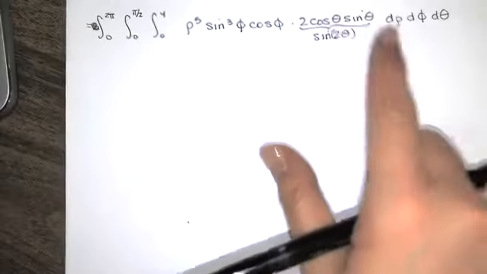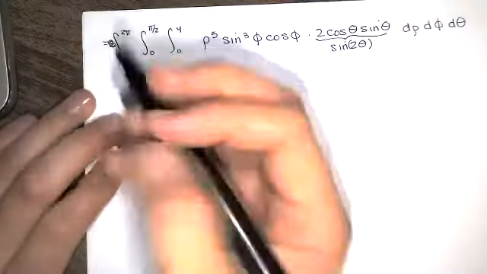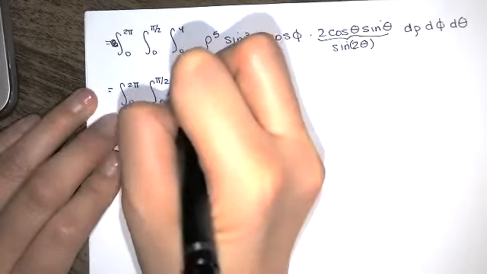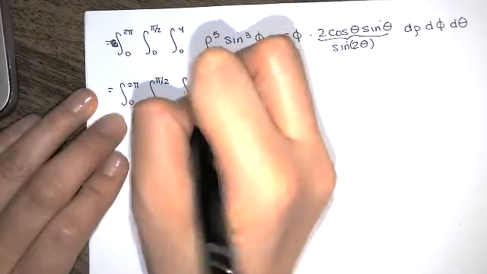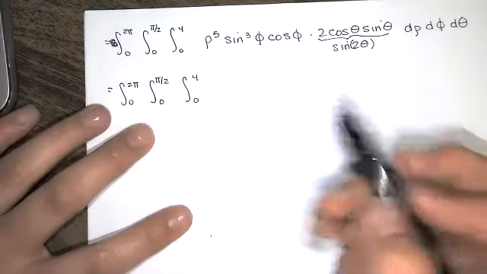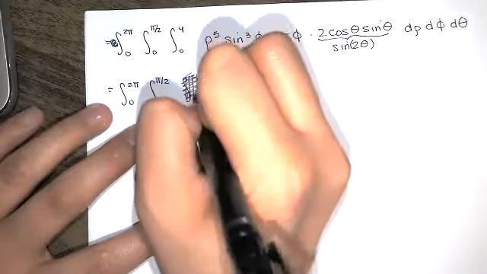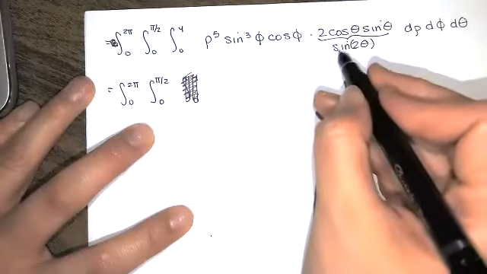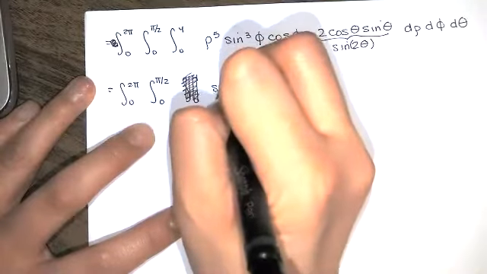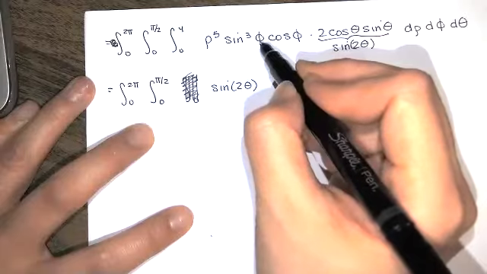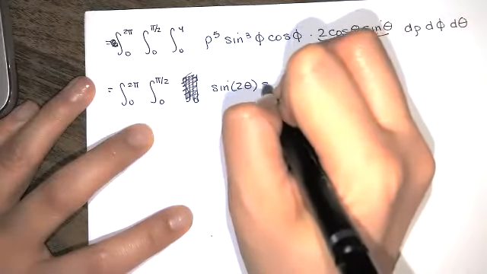So I'm going to integrate with respect to rho first. So we can factor out anything that does not depend on rho. I've got sine of 2 theta. That doesn't depend on rho, that's constant. And then I've got sine cubed phi times cosine of phi.